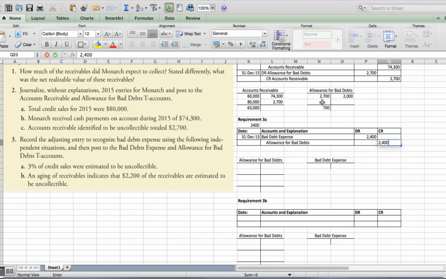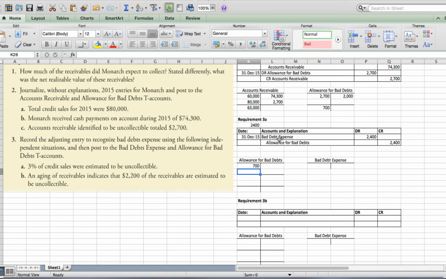This balance takes into consideration all of these transactions, and then we now need to add the effect of this journal entry to the T-chart. So I'm starting again with a balance of $700 on the debit side. Okay? On bad debt expense, there's nothing that happened in anything we've done so far, so the balance that we start with is just 0.